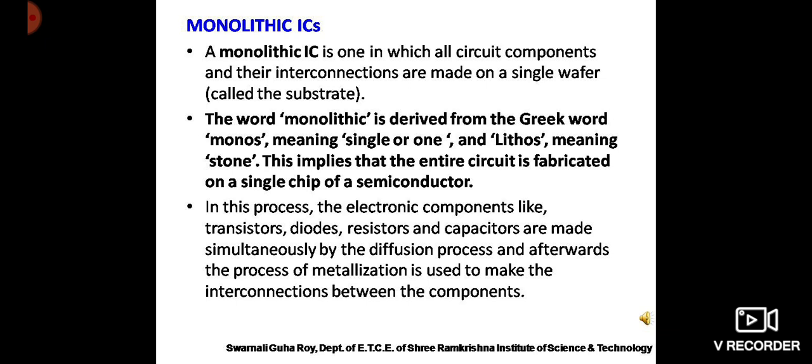In this process, to fabricate monolithic ICs, the electronic components like transistors, diodes, resistors, capacitors are made simultaneously by the diffusion process, and afterwards the process of metallization, that is to establish the metal contacts, is used to make the interconnections between the components. While studying the IC fabrication process in detail, you will be able to understand what this diffusion process actually means.